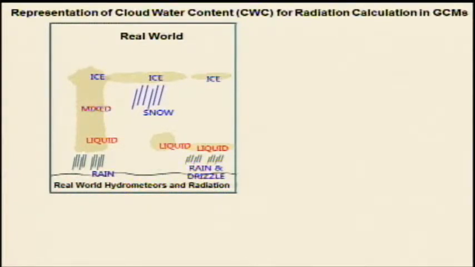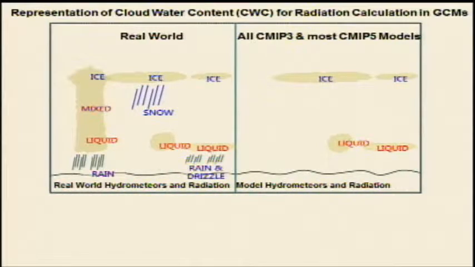This is the real world, hydrometeor-wise, and we do hope the model can carry these hydrometeors properly. However, because of the background I just mentioned, in the past computer resources were limited, and there was no need then because the grid box is so big.